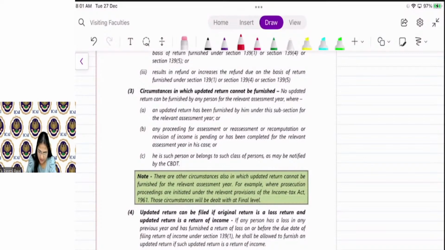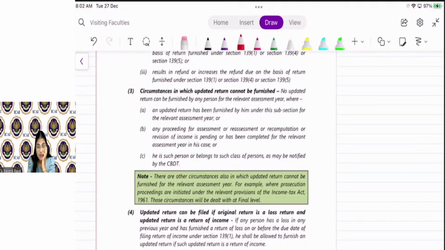Circumstances in which updated return cannot be furnished. If you have furnished one updated return, then again for that assessment year, you cannot file updated return once again. So for any assessment year, you can file updated return only and only once. You cannot revise the updated return.